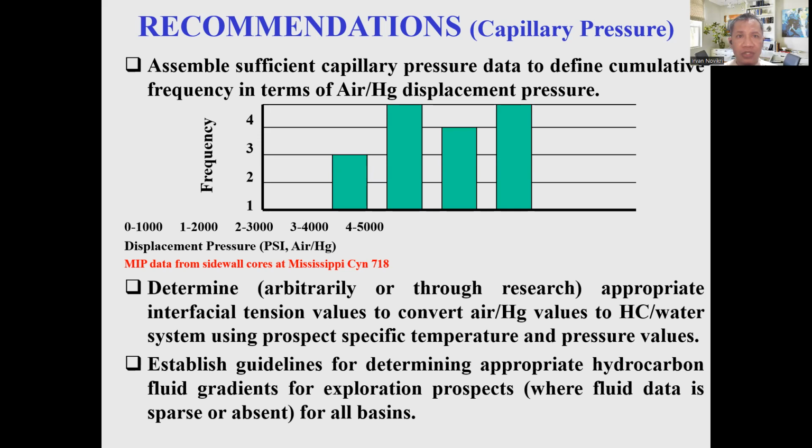This approach should consider prospect-specific temperature and pressure values, as well as interfacial tension, with the purpose of converting air mercury displacement pressure data to the hydrocarbon water system. Overall, this guideline will aid in making informed decisions during exploration activities in various geological basins.